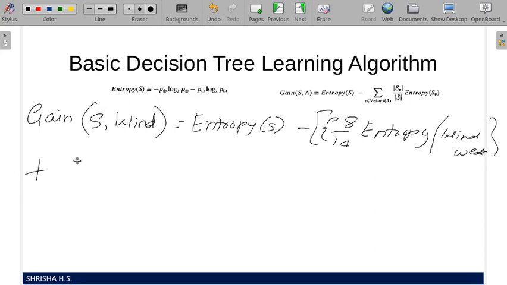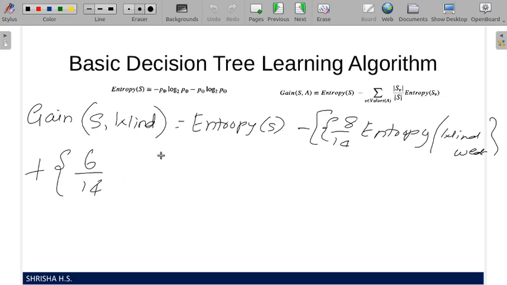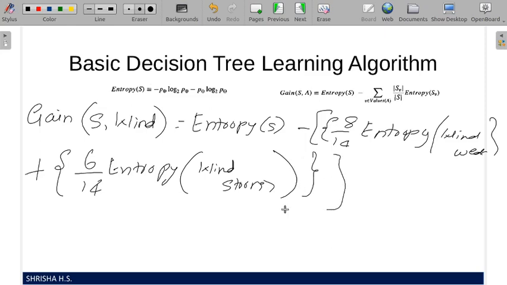Next, the remaining 6 are strong, 14 minus 8, multiplied by the entropy of wind where it is strong. This should yield the value 0.029.